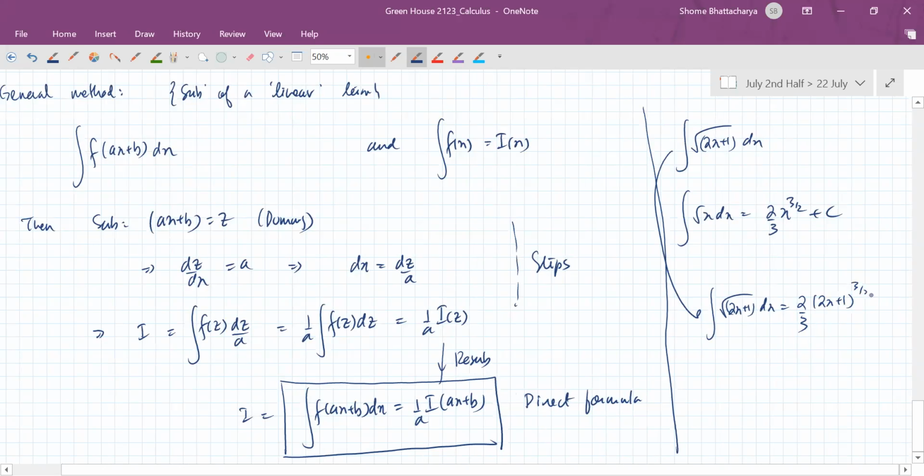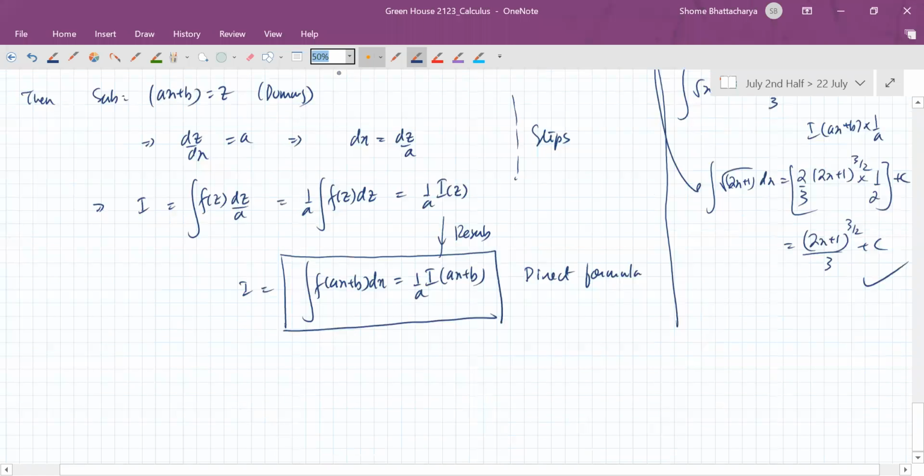But there should also be a term of 1 by a, so that is that 1 by 2 term. So this is basically 1 by a I of ax plus b. So this integral then becomes 2x plus 1 to the power 3 by 2 by 3 plus c. And this is what we got by the substitution steps method.